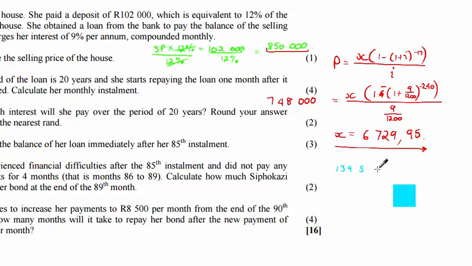But it's wrong because I took the answer and multiplied by 20, but I don't know. Okay, it can't be that, but you're on the right track. It can't be that because she's not paying that amount yearly and it's 20 years.